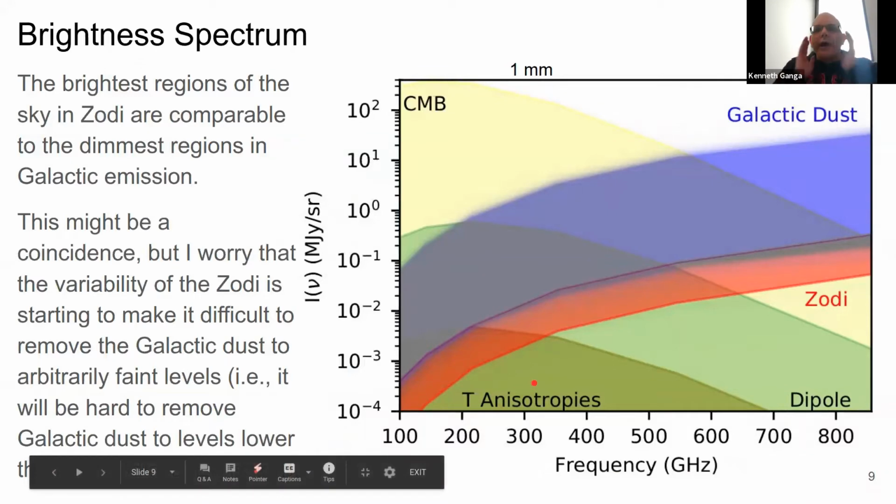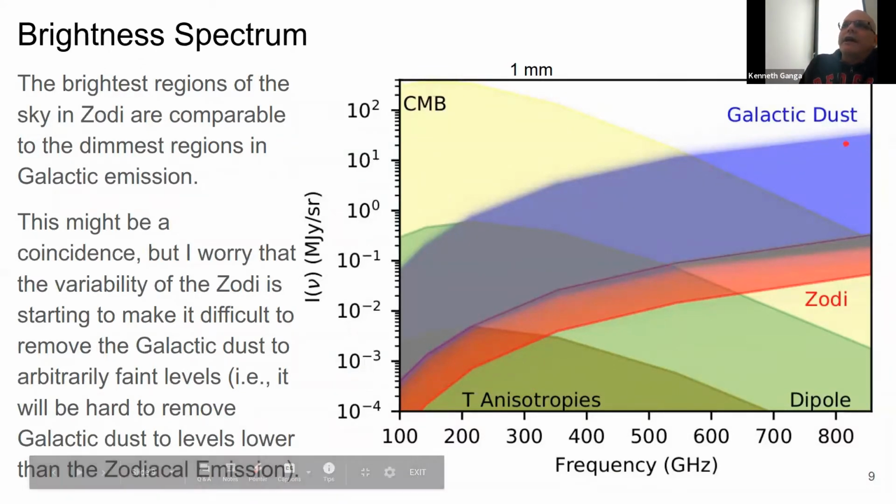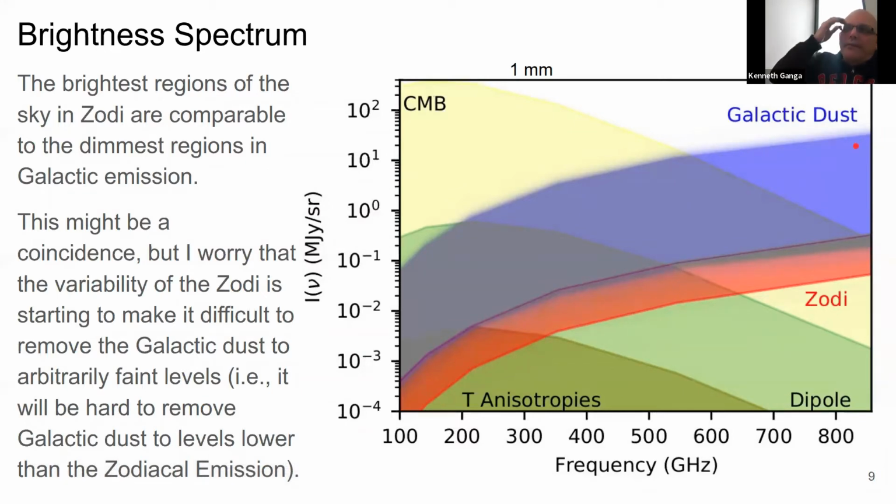And this is another way to look at this. This is one of the ways I look at it. What I've done here is I've taken, there's a project called Beyond Planck that looks at Planck foregrounds a lot. And they have a dust map. And I've basically just taken 10% of their pixels that are away from the galaxy.